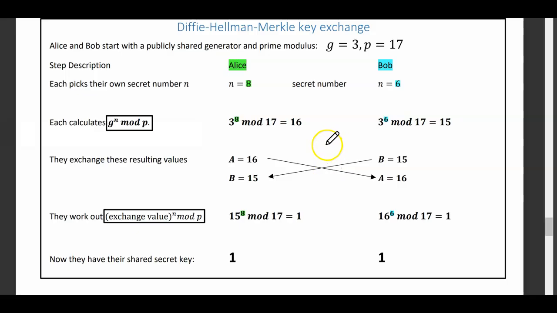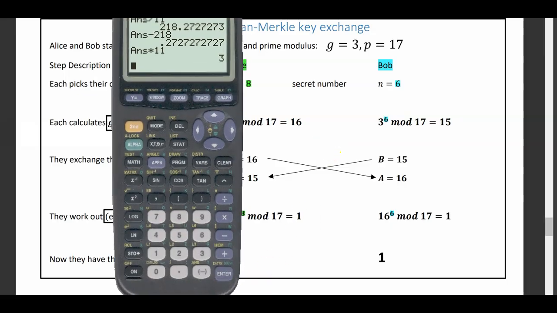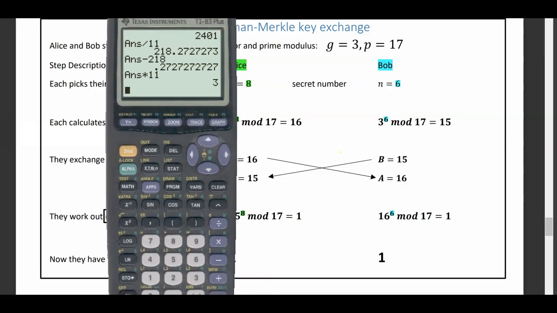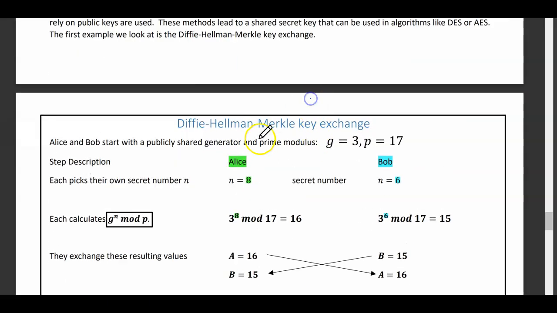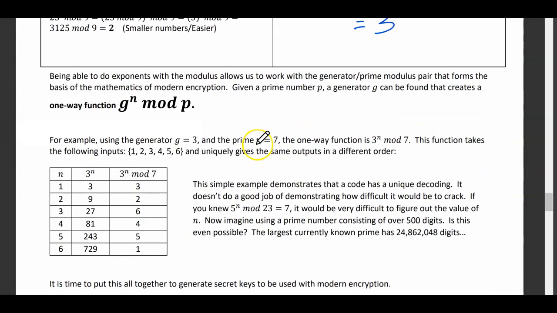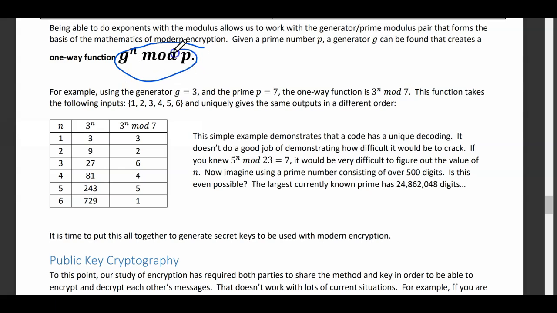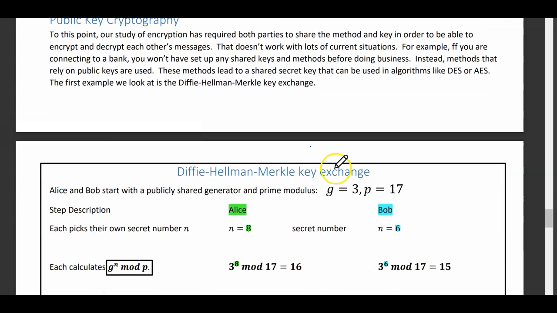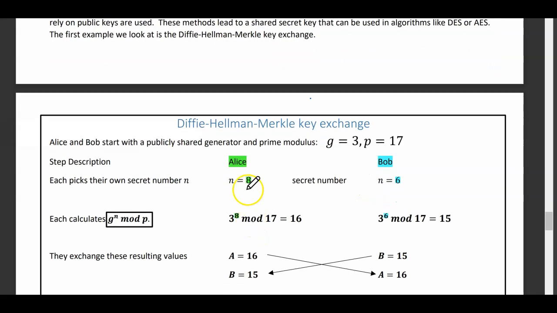Now on the formula sheet that you'll get on the final, hopefully they give that one to you, you have this: G to the n mod p. G, P, and the secret number is the n.